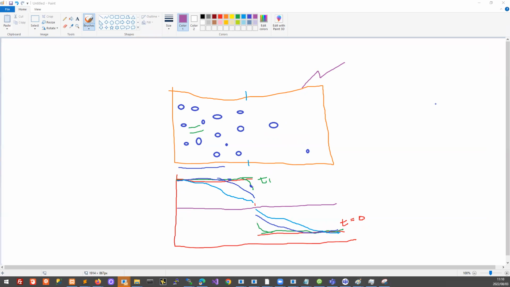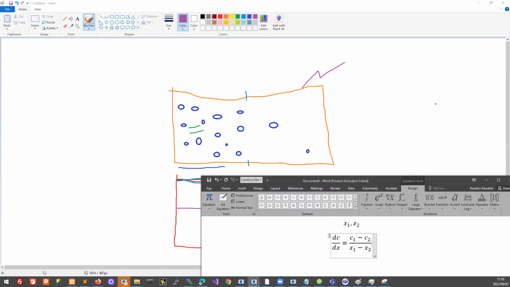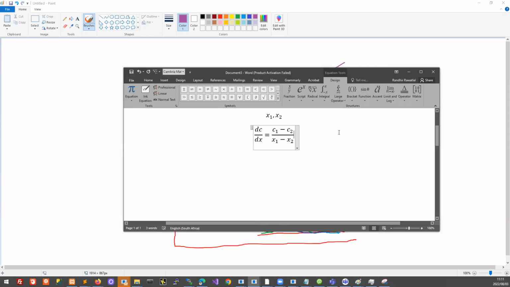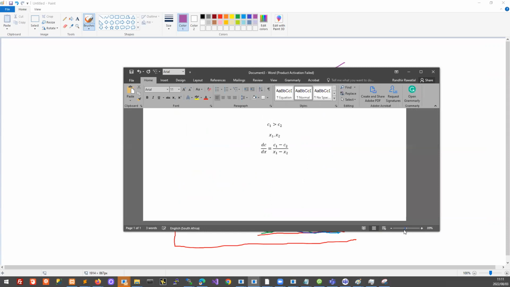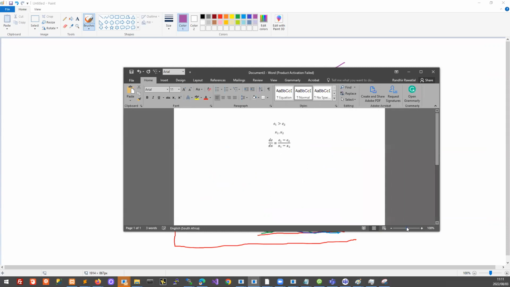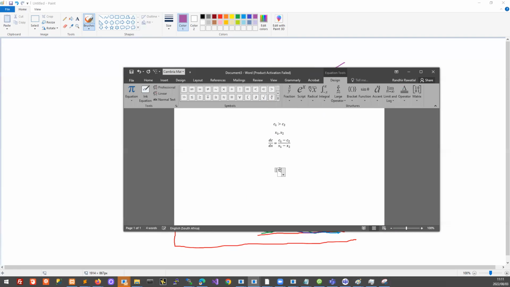So let's write a little balance on that. I have a cell which has a certain volume. So my cell's volume is V, and the area between the two cells we can define as A.